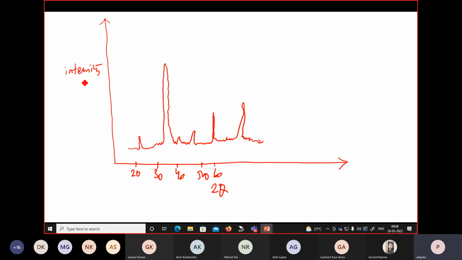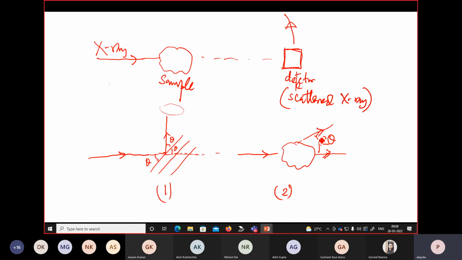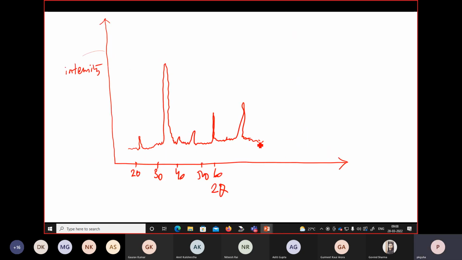This is intensity versus 2 theta. At different values of 2 theta, we are getting different intensities of the scattered X-ray, and this is the plot.